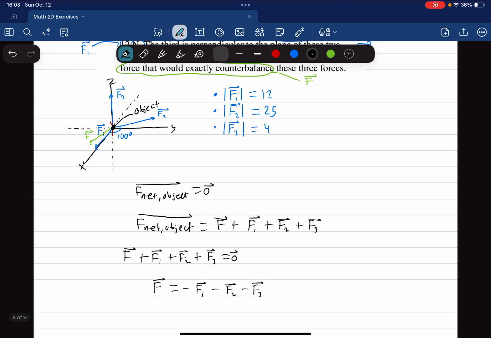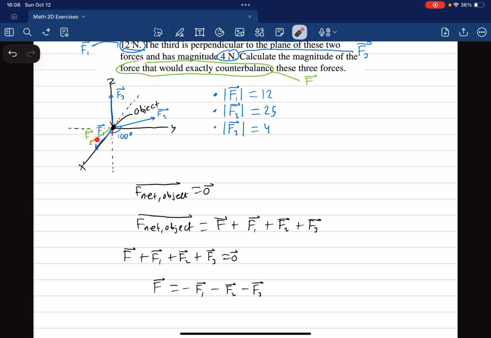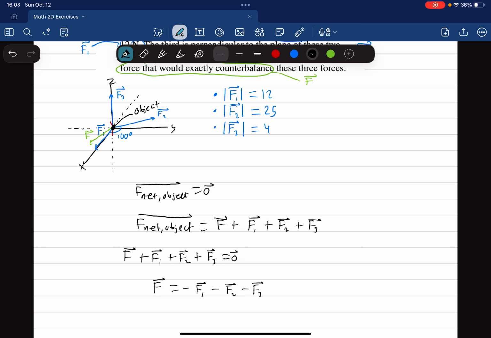Now, remember that we picked our force 1 to lie exactly on the positive x-axis. So the coordinate representation of F1 is as simple as it could be.